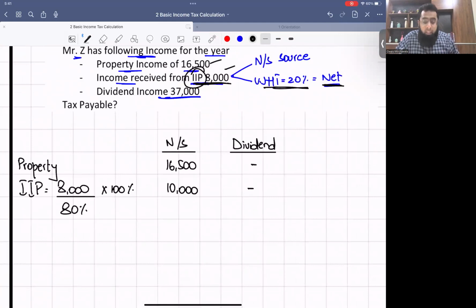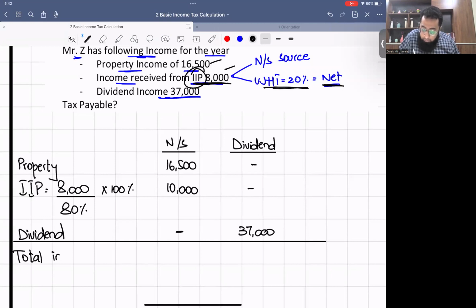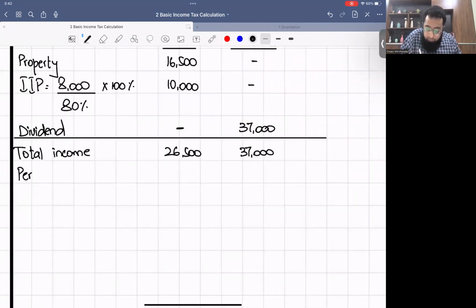Okay. Property income done, IIP done. And then we have dividend income, that is 37,000. Okay. We will add up all of them to arrive at the value of total income. 16,500 plus 10,000, it's 26,500. And this is 37,000. We will adjust the personal allowance.